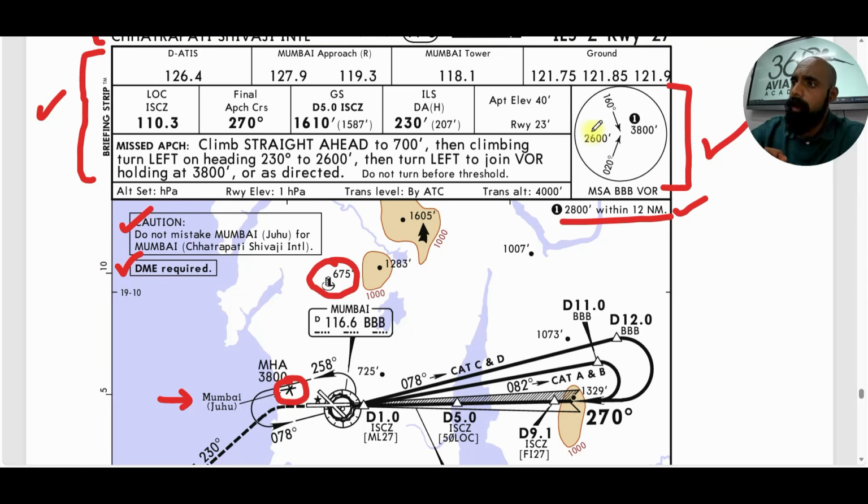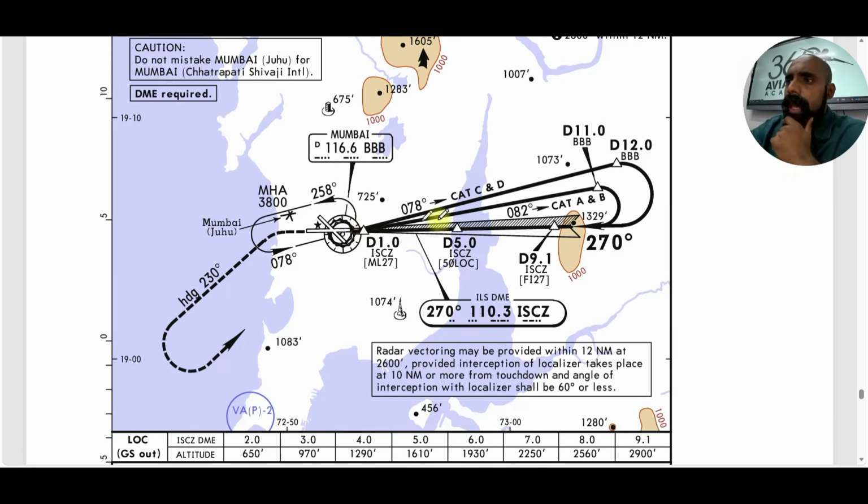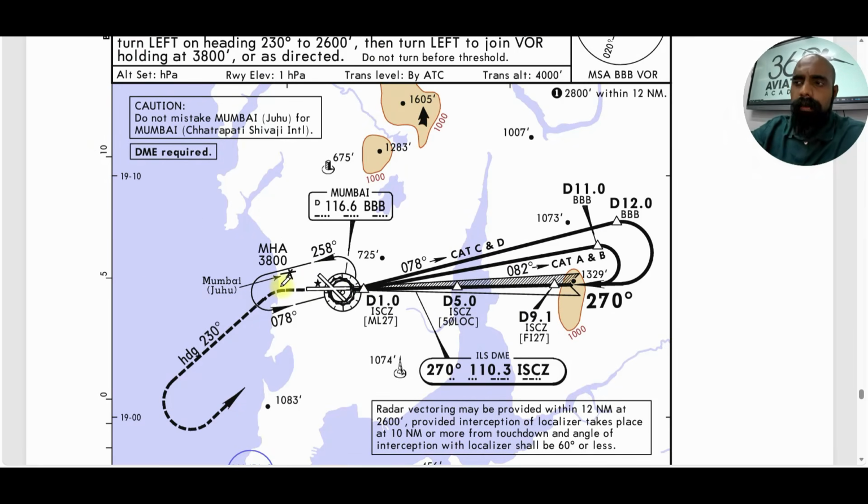That's the reason why your MSA has been set to 2,600 feet, because it gives you at least 1,000 feet obstacle clearance above the highest obstacle, right? So 1,600 plus 1,000 feet, they've come up with 2,600 feet as the MSA, so it gives you 1,000 feet terrain separation as well. So now we have here the chart itself, the approach for the plan view.